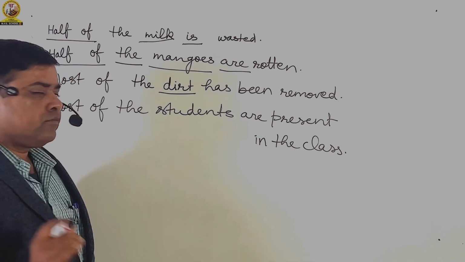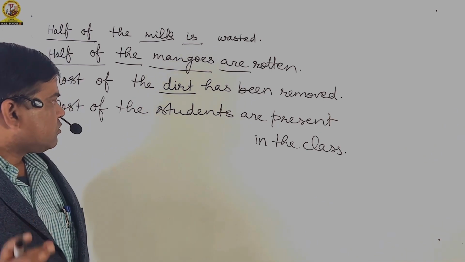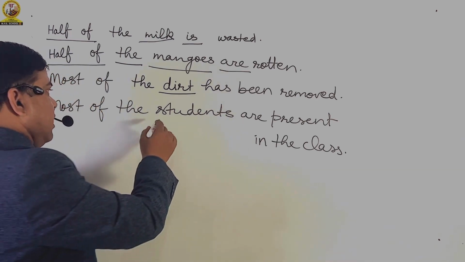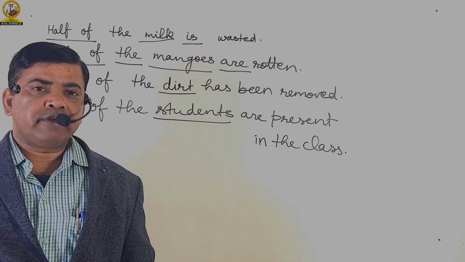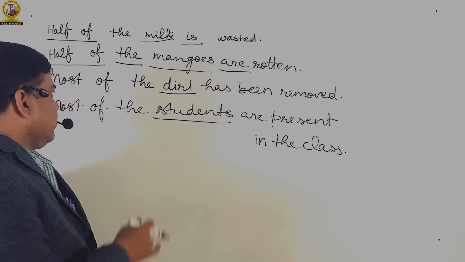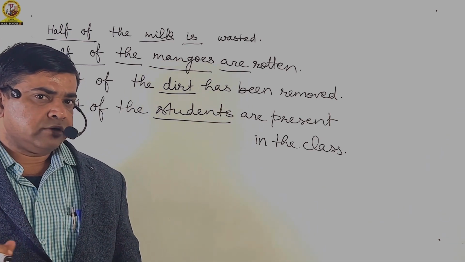In the fourth example, most of the students are present in the class. The noun students is a plural countable noun, or we can say a common noun also. So with it we have used a plural verb are.